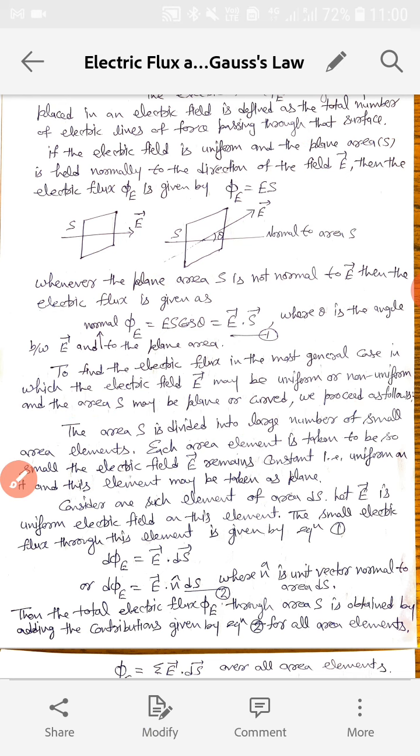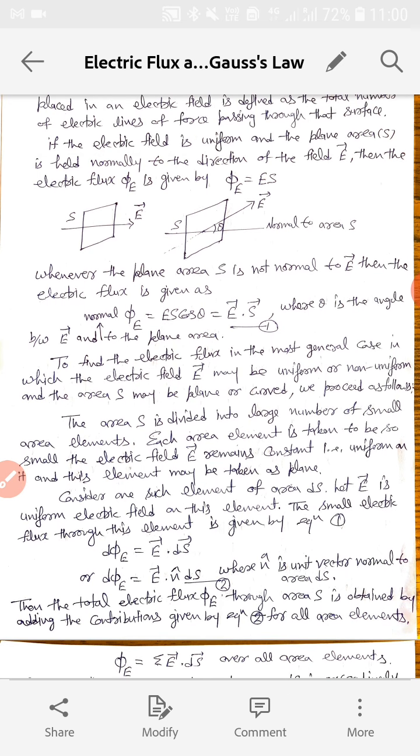So this is the general case where we have considered the electric field to be uniform. But in general the electric field need not be uniform, it can be non-uniform as well. Also the area which we have considered in this case is a plane area. It need not always be plane, it can be curved. So now if we consider a general case, suppose we have a large area S, which we divide into a large number of small area elements.